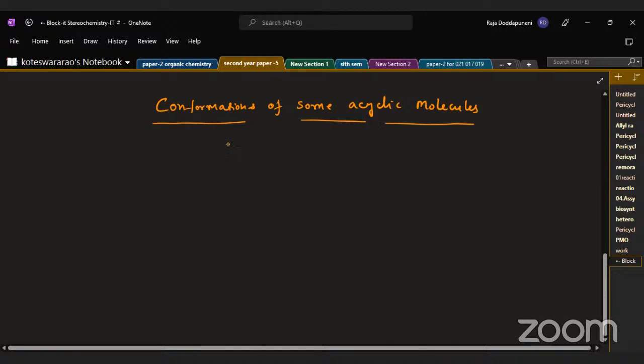First, before going to the topic, we need to understand some definitions of some terms.